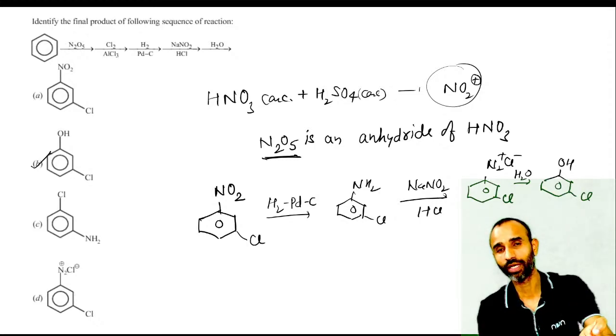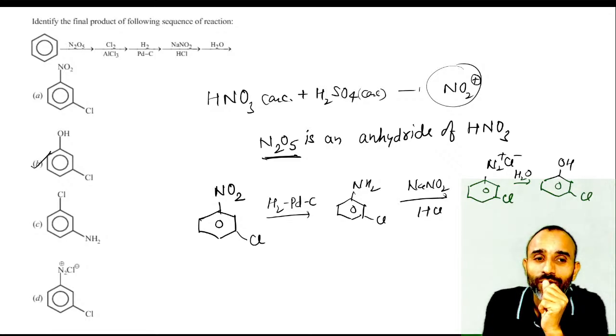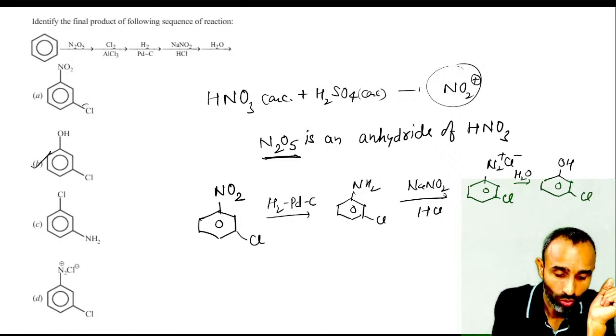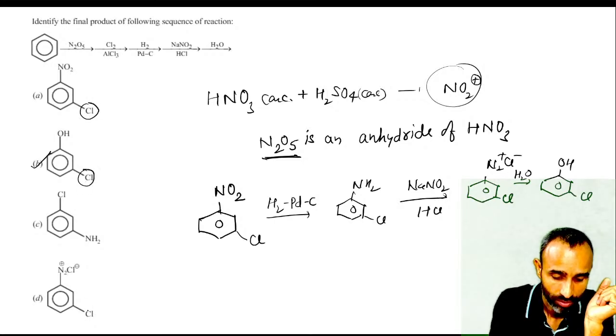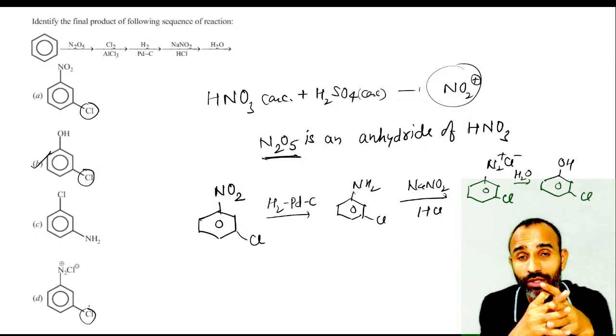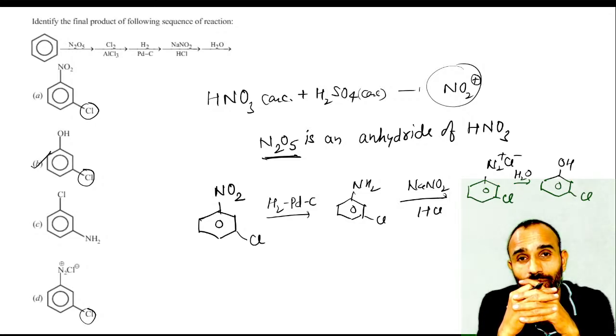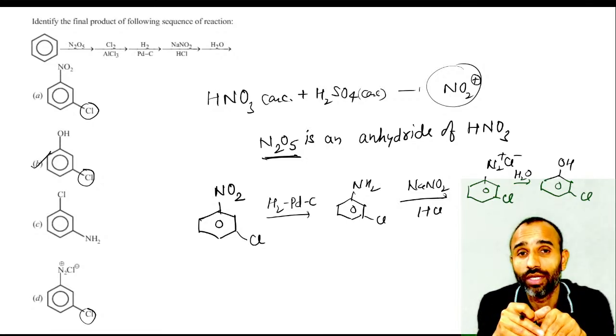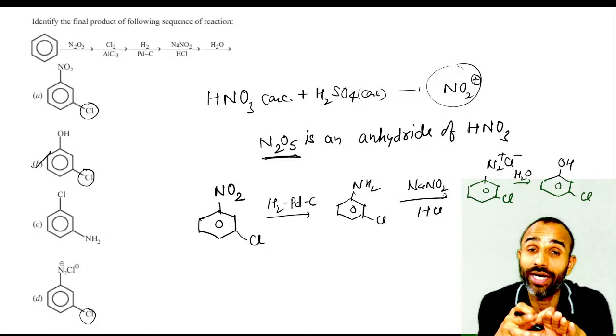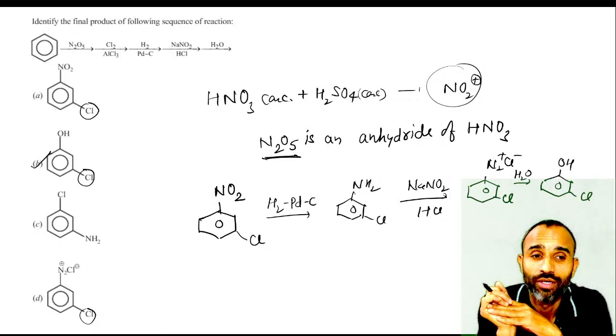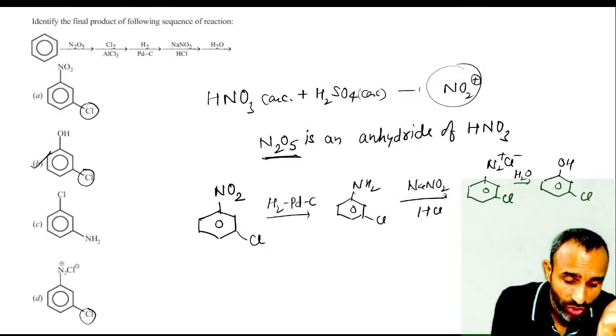Only the first step is difficult; the rest of the steps you know. See, chloro is in 3 options and at the meta position, so the group attached here should be meta directing.